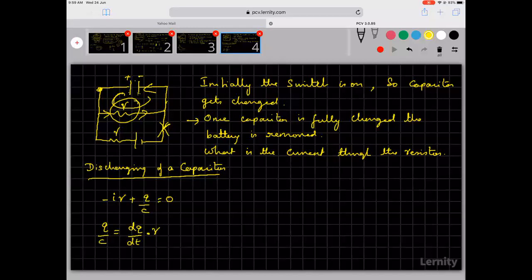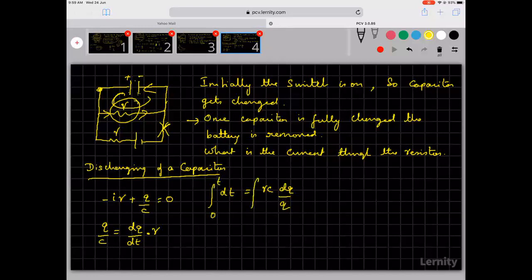So from here we can get that dt is equal to RC into dQ by Q. Now the integral of t is from 0 to t.